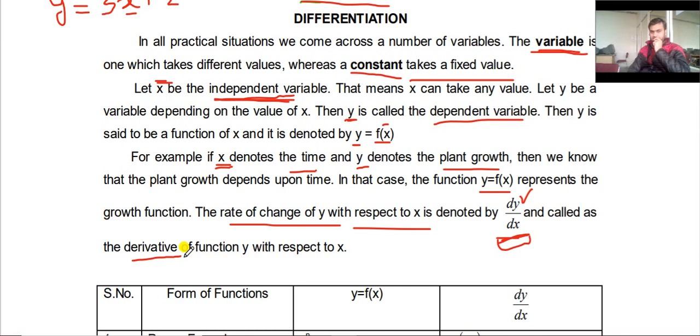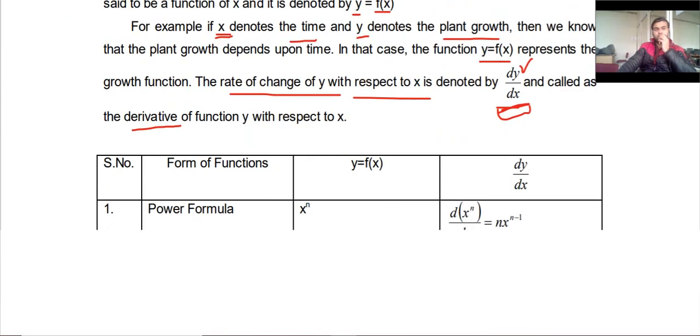That is called differentiation. It means the rate of change of anything with respect to any other parameter can be found with the help of differentiation. So differentiation is basically used for that.